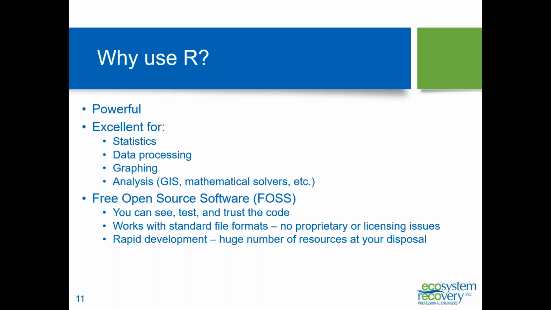And with that, you can see and trust the code and know exactly what it's doing. It's not a black box model where you only see the output. It works with standard file formats. There's no proprietary issues there with licensing. And as we'll see, there's a large amount of development happening currently with it. There's a very large and expanding user base, and therefore there's a lot of things that have already been done. You don't have to reinvent the wheel every time you need to look at a new function.